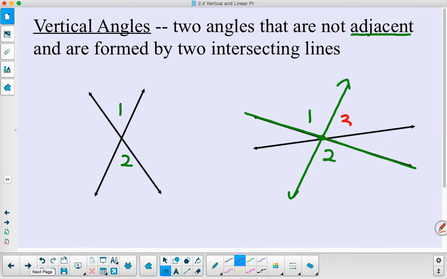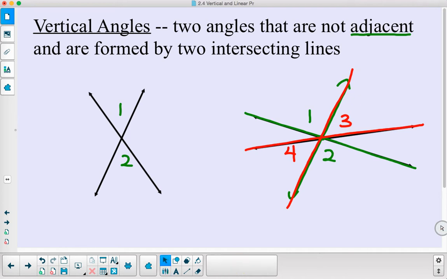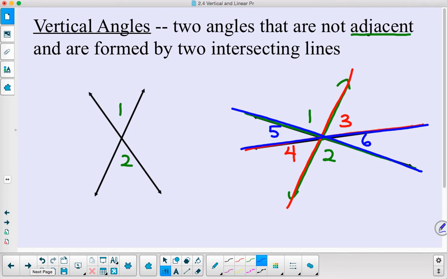If I put a 3, the 2 lines that make angle 3, as I extend them, would make red angle 4. 3 and 4 are vertical angles in that diagram. And if I would continue on, highlight now in blue, 5 and 6 are vertical angles. So you can have a lot of vertical angles. You need to pair up to make sure that they are formed by the same 2 lines.